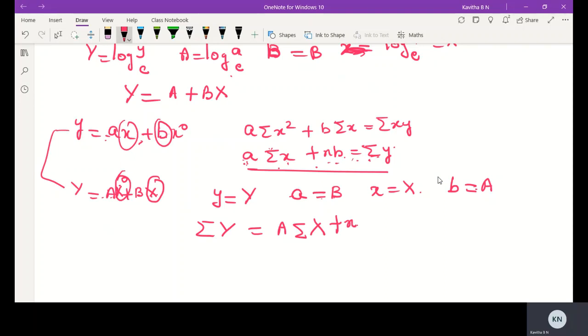And in place of b, we write capital B. Here in place of a, we write capital A, so y is equal to capital A plus b x.